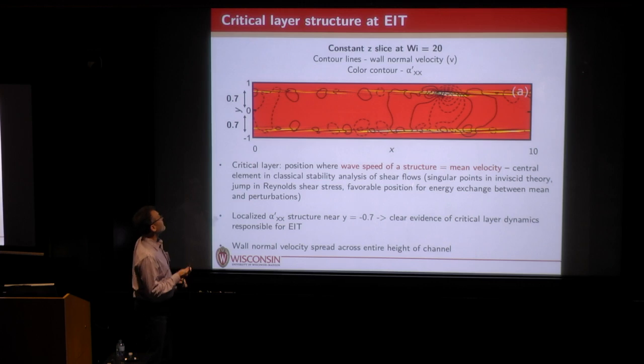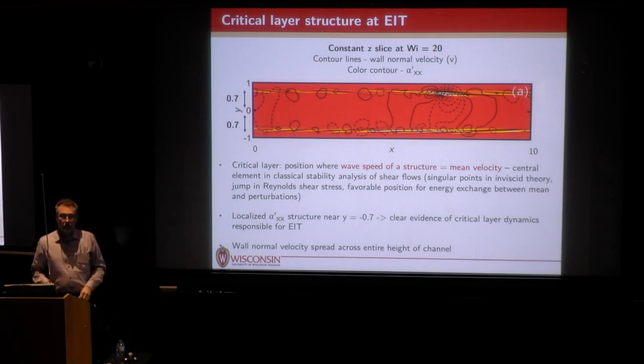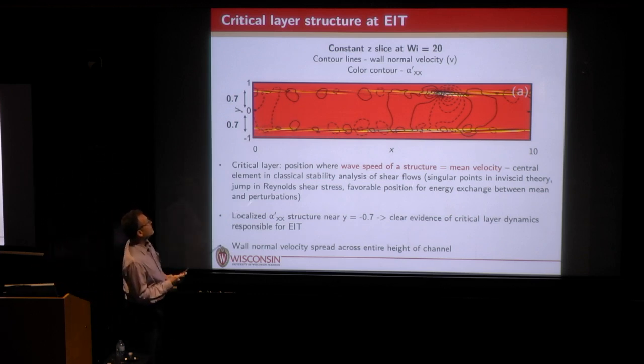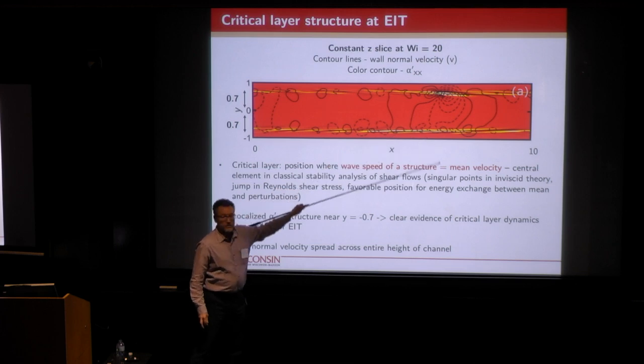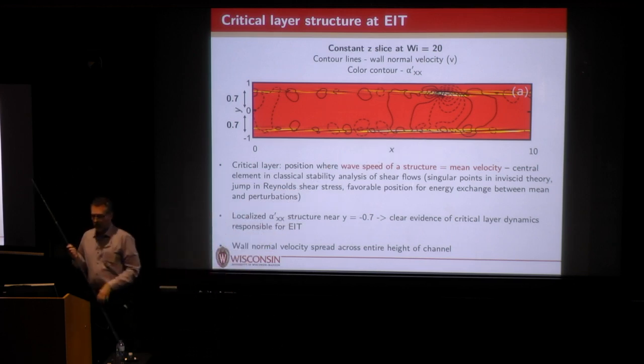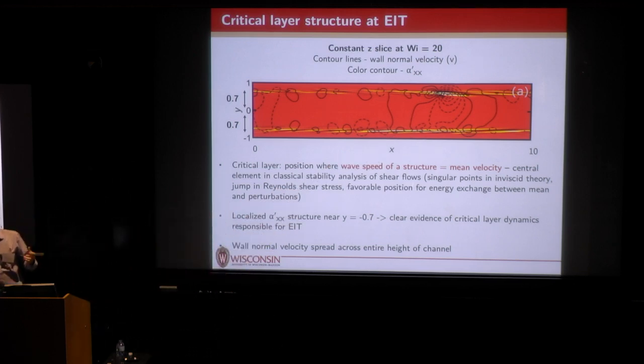What you can see here is that those fluctuations are very strongly localized, some offset from the wall. The contour lines are wall normal velocity, and you can see that there are some localized fluctuations and some larger fluctuations as well. But what's really striking is these localized stress fluctuations.